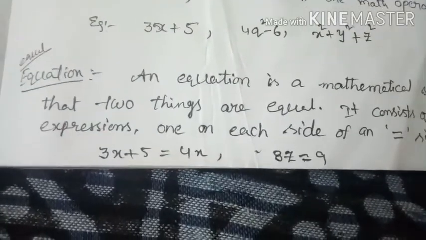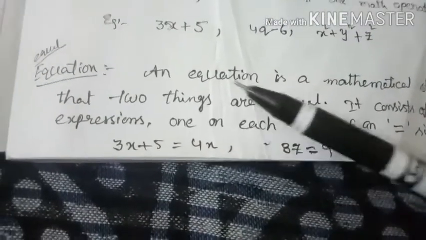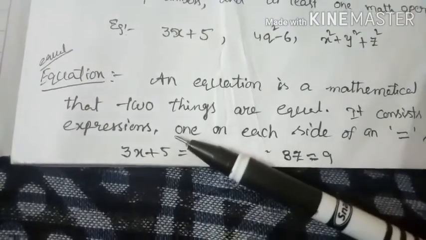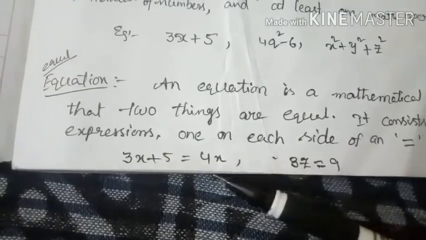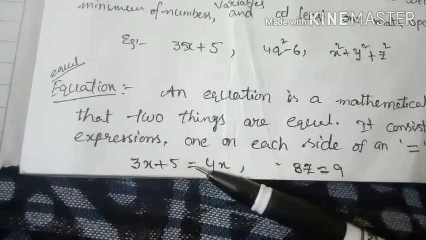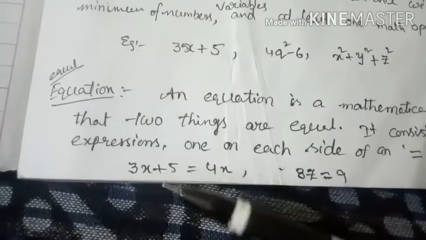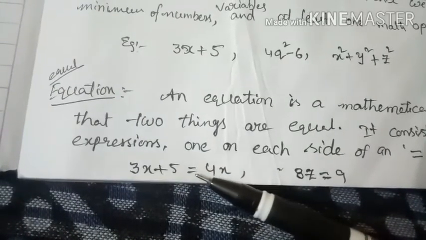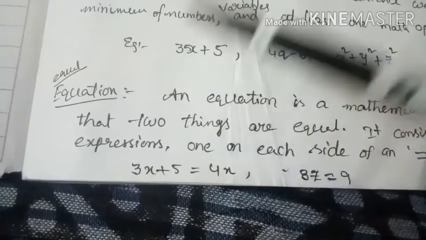For example, 3x plus 5 is equal to 4x. 3x plus 5 is one expression, and 4x is also one expression. What is in between these two expressions? The equal sign. Whenever you see an equal sign between two expressions, that is an equation.